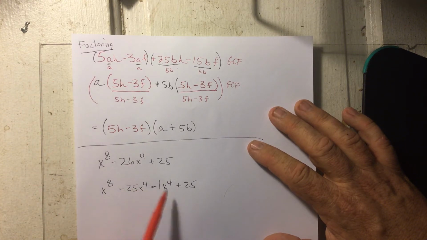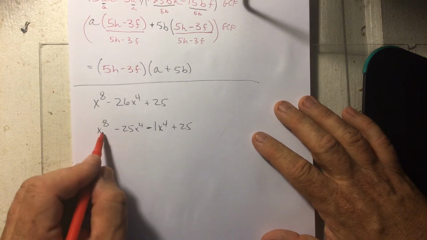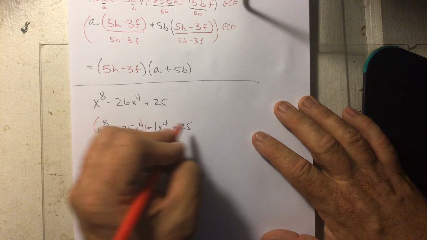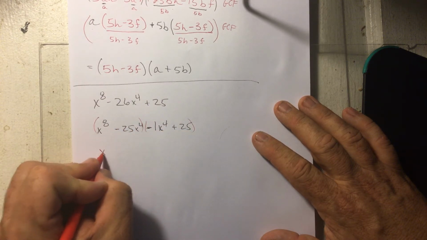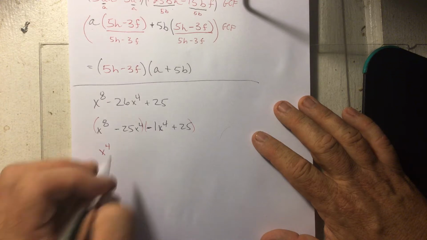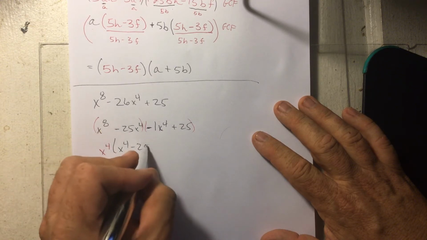Now I've got a 4-term one again. And at this point, I would look for the greatest common factor, and we've got x to the 4th, and that brings us x to the 4th minus 25.